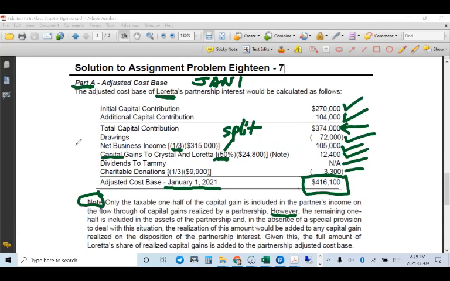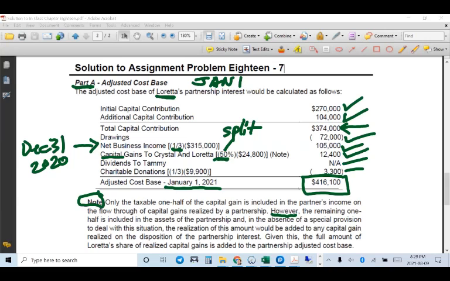You will notice the net business income does not include anything other than the income up to the end of December 31st, 2020. So she's pulling out January 1, 2021, right? Just make sure I got my dates right.